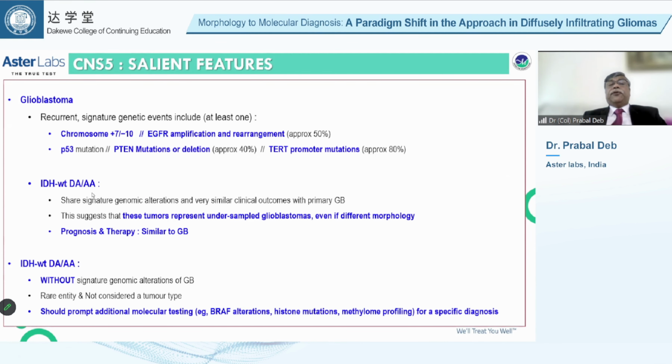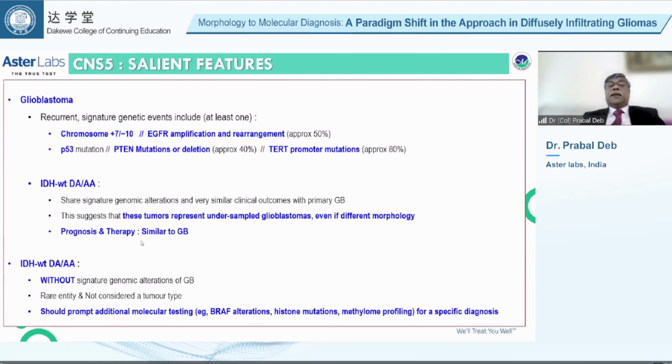IDH wild type diffuse astrocytoma or anaplastic astrocytoma shares signature genomic alterations very similar to primary GBM. These tumors possibly represent undersampled glioblastoma, even if morphologically they do not have all features of GBM. Prognosis and therapy, that is why, are similar to glioblastoma.